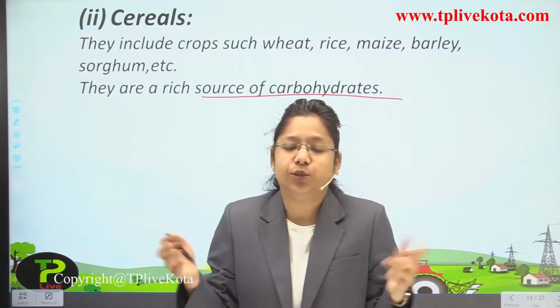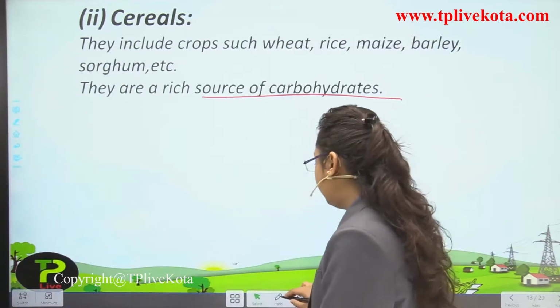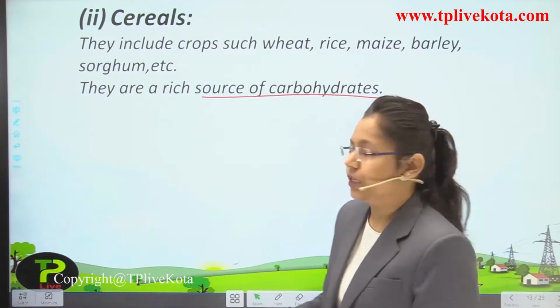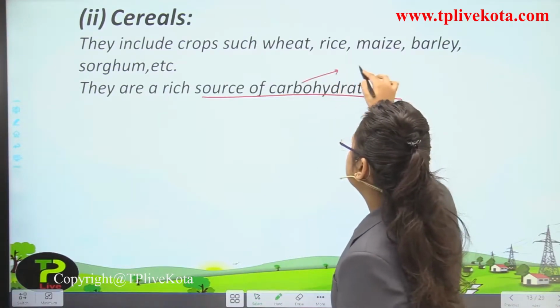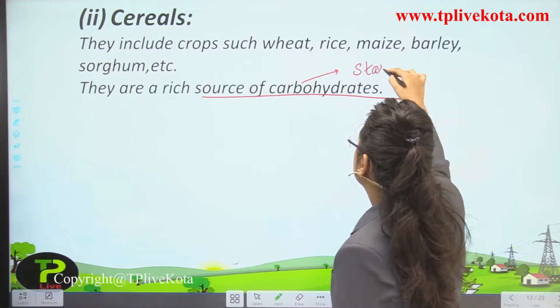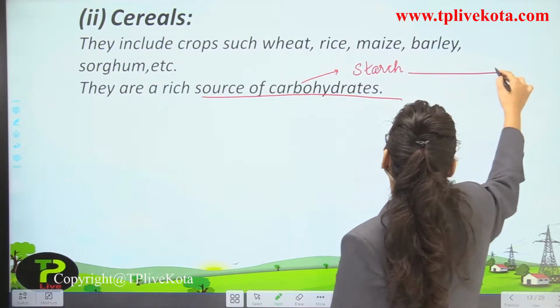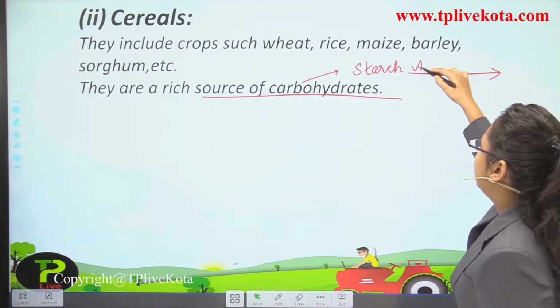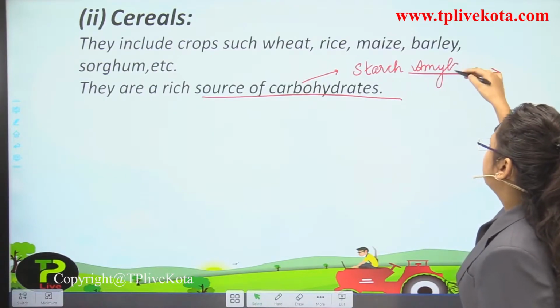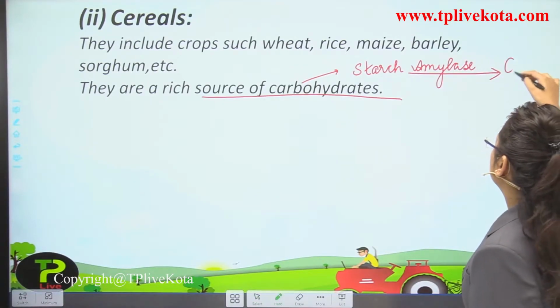Now, how is it used inside our body? I am going to tell you this great fact over here. Carbohydrates contain starch. Now, when starch enters our body, the amylase enzyme converts starch into glucose.